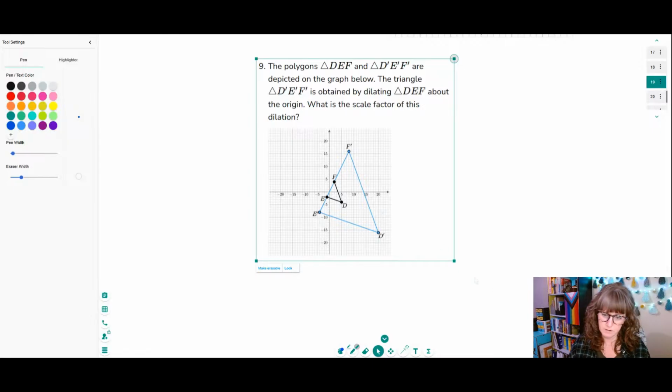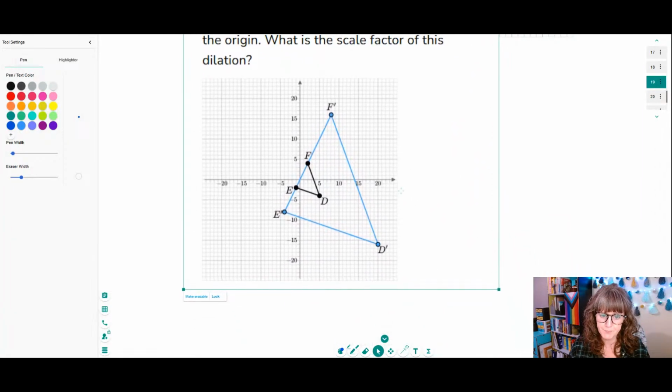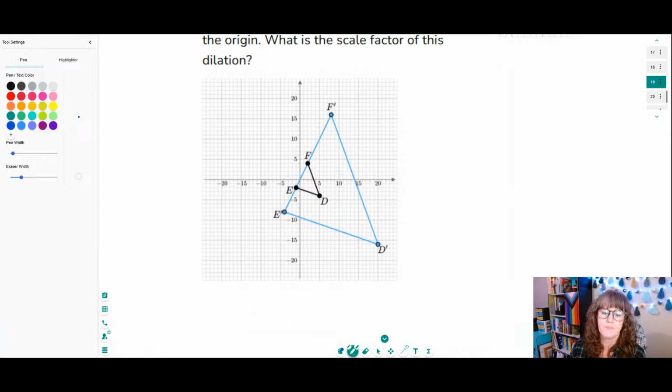Hold on, let me just fix this, zoom in a little bit here. There we go. So let's just take a look at one of the points. We really don't have to do all 3 points. So F is 1, 2, 1, 2, 3, 4. So it looks like 2, 4.